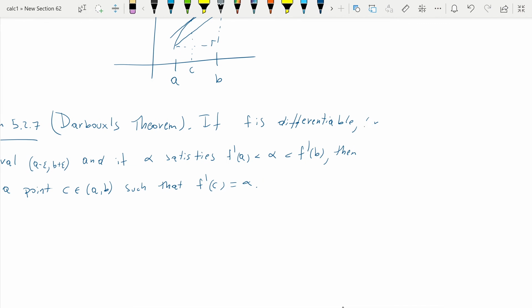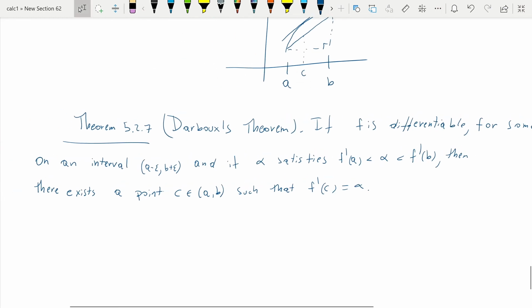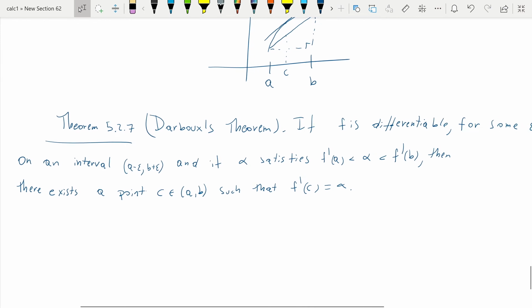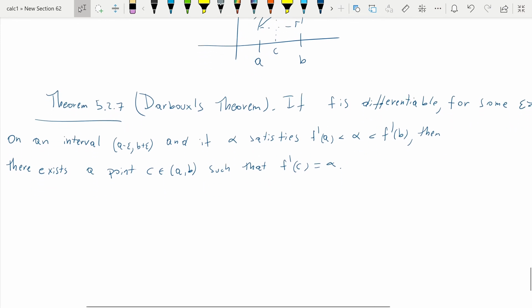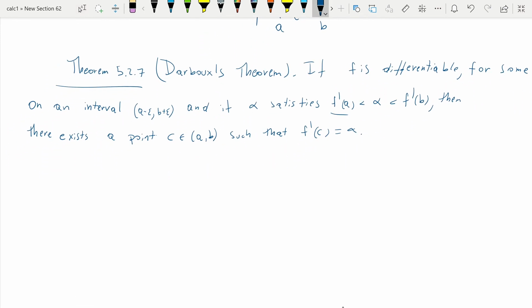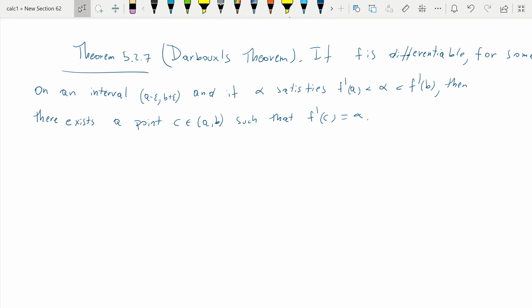Otherwise, the notion of differentiability would not make sense, even if you try to speak about one-sided limits. If alpha is between the values of the two derivatives, where we're implicitly assuming that f is differentiable at these two points, then there exists a point in between so that f prime of c is equal to alpha.